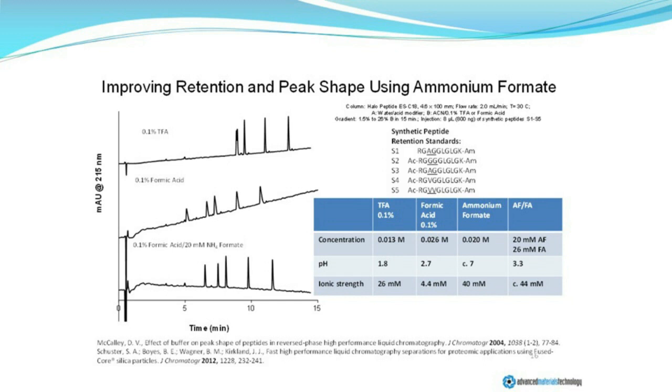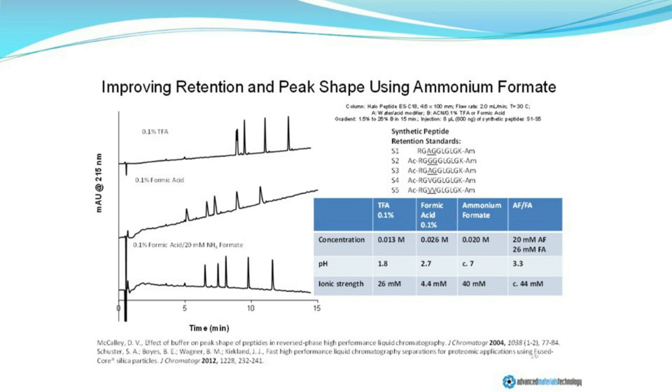He had described this, in fact, in 2004, and we can both confirm as well as extend those observations that ionic strength seems to be a driver for relatively poor performance in 0.1% formic acid, and that the reason for this is that formic acid is a rather weak acid and does not fully dissociate and generate sufficient ionic strength.